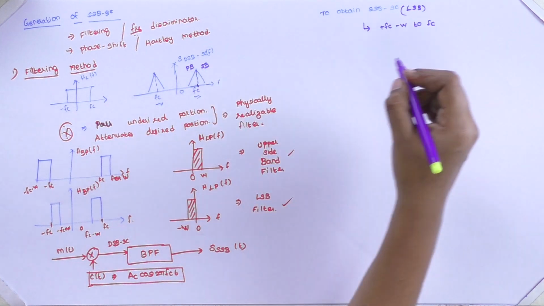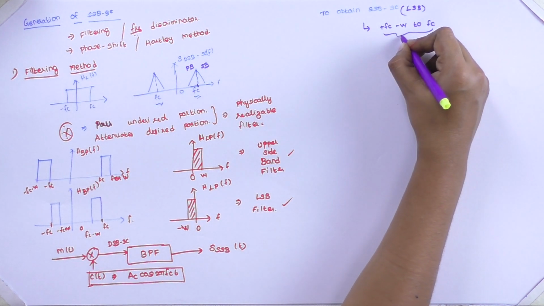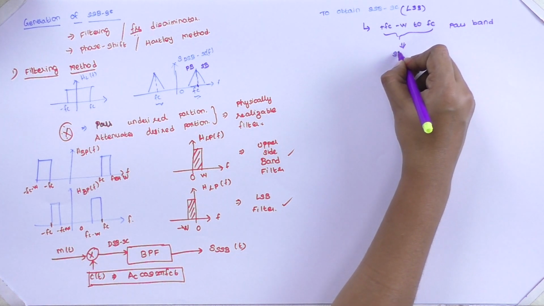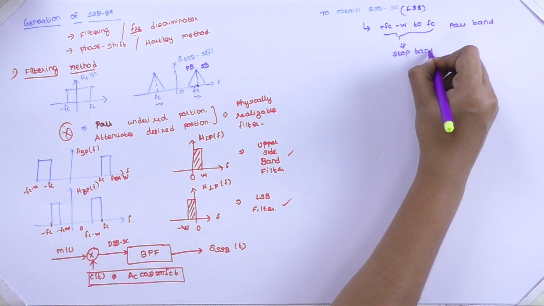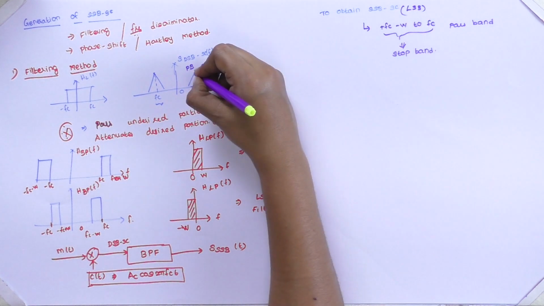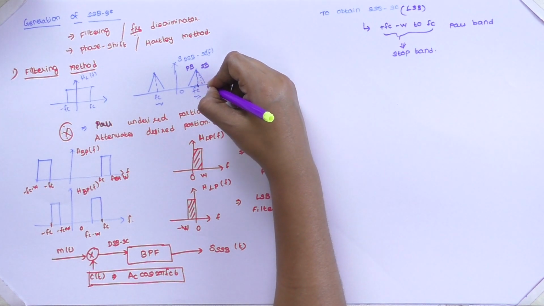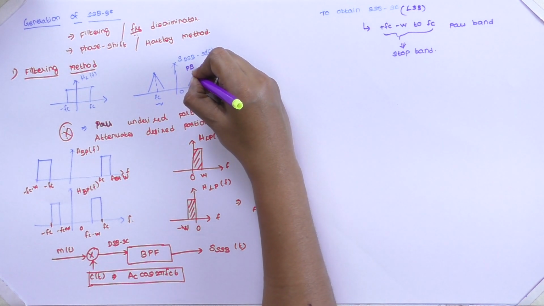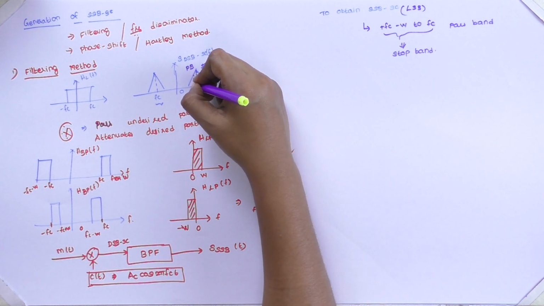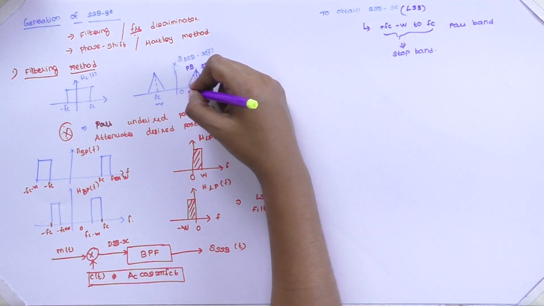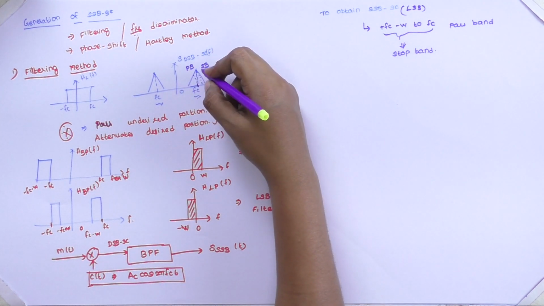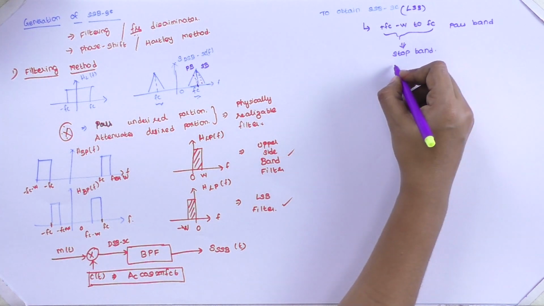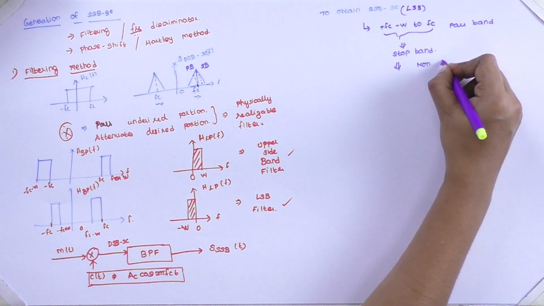But this sudden transition, this must be our pass band and then it enters the stop band region without any transition band. If it goes like this, then part of the undesired portion will also get added into the single sideband suppressed carrier. If it attenuates here itself, we will not be able to exactly recover our modulating signal. It will lead to information loss. So that is a problem, not realizable.